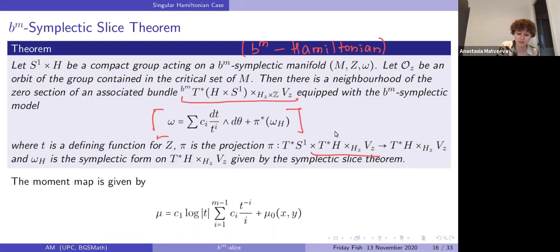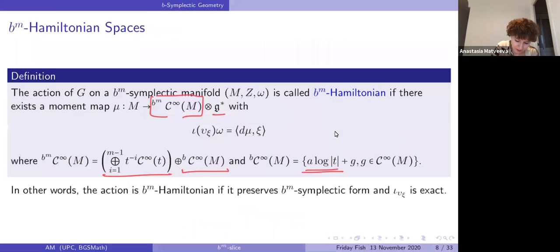That's why I say that it's for the BM Hamiltonian case, because if you remember, let me show it to you again. What we had here was a splitting of the moment map into two components, one coming from this S1 action giving us the log term, and the other just the usual moment map mapping into the Lie algebra dual, which was Hamiltonian.